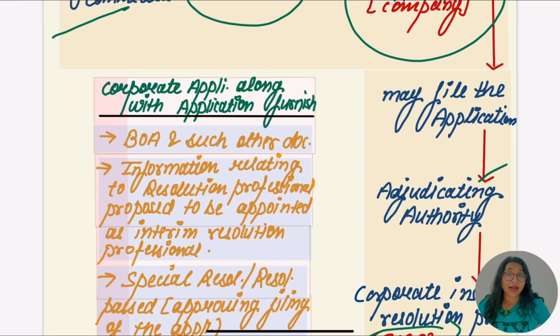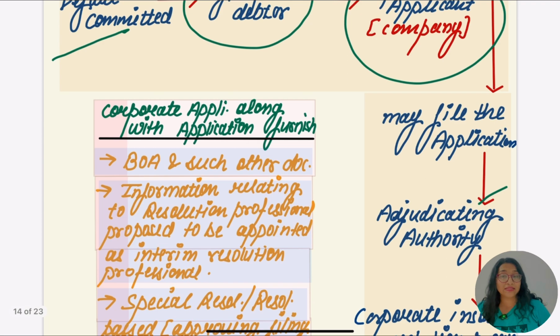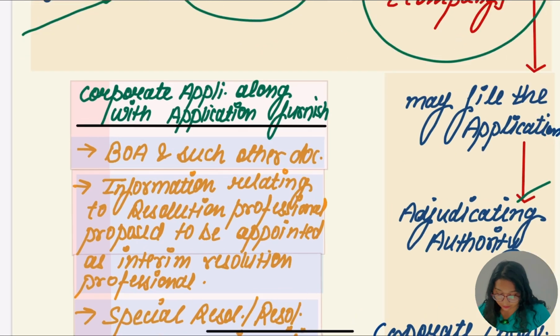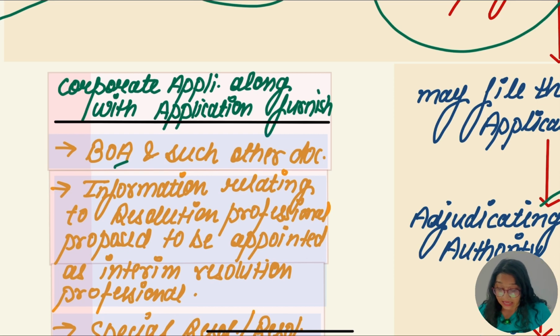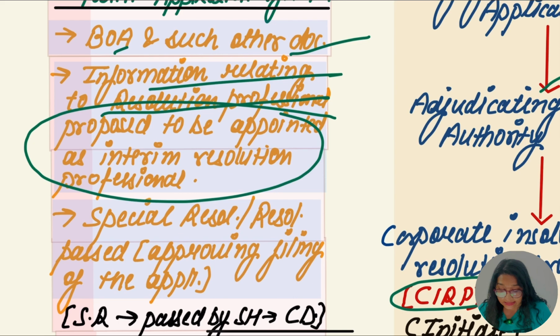Along with that application, the corporate applicant has to file and furnish some documents. First of all, the books of accounts and such other documents and information, and the name of the resolution professional proposed to be appointed as the interim resolution professional.